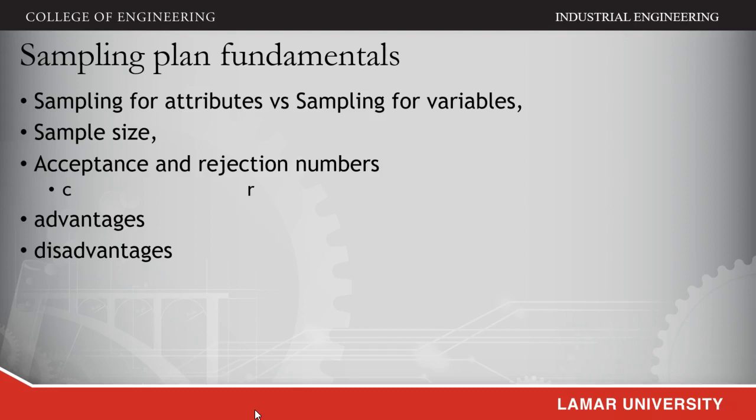Or we can also fail to detect lots that are faulty, again by chance, not sampling enough errors to stop the product and reject it. So we run that risk.